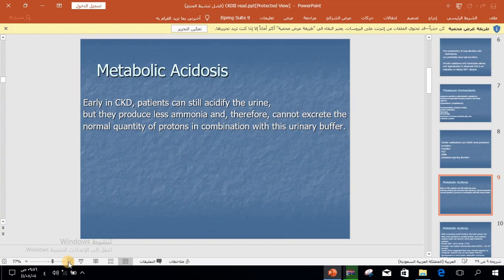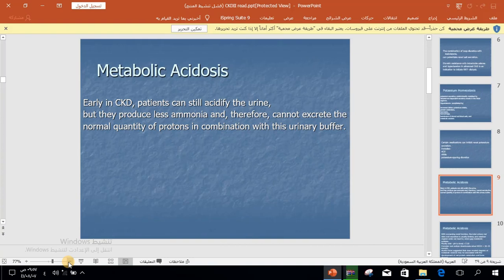As we know, in CKD we have metabolic acidosis. And we know that the kidney is the main organ which controls hemostasis, which is mediated by proximal tubule and distal tubule function.